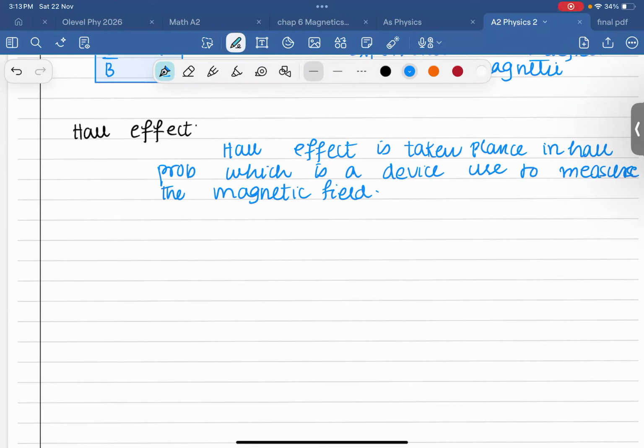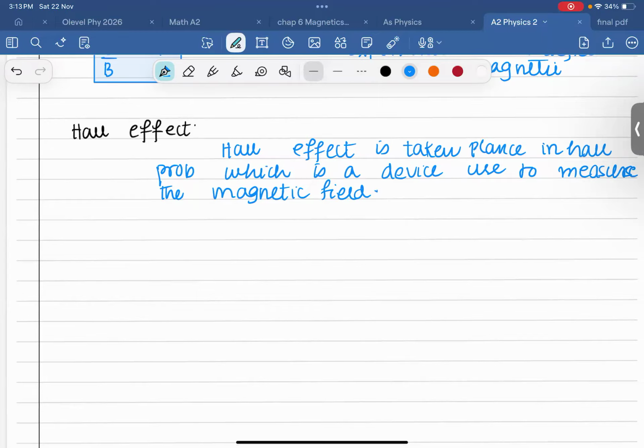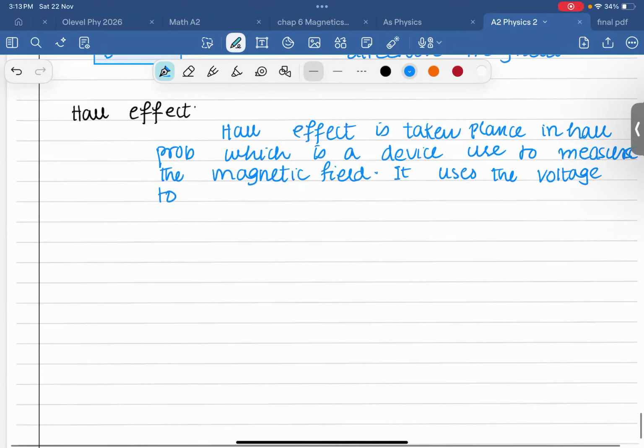Now, it basically uses the voltage to measure the magnetic field, the same way as we measure the temperature.